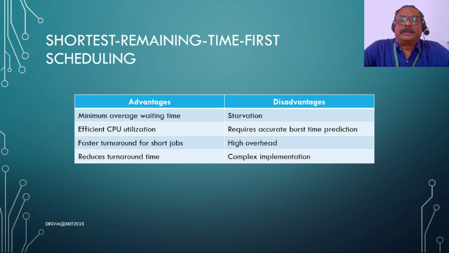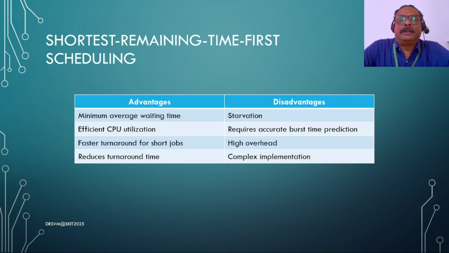On the other side, the disadvantages, yes, starvation, because we have a dynamic list now for scheduling, and as the scheduling continues and if the new processes with the smaller burst times keep coming in, then the process with the longer burst times have to keep waiting and waiting and waiting, and if this keeps happening forever, then the one with the longer burst time have to wait forever.